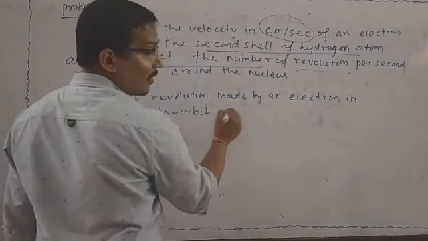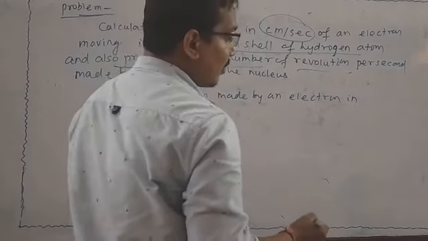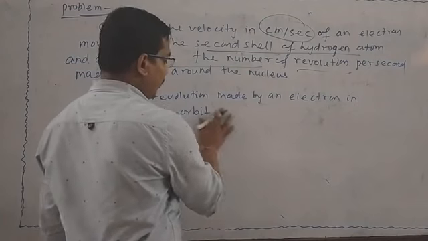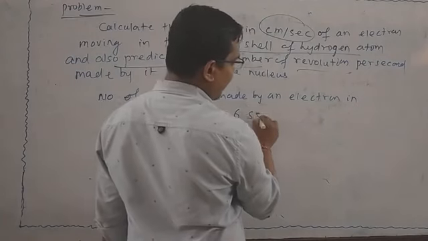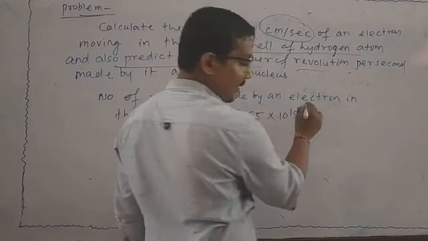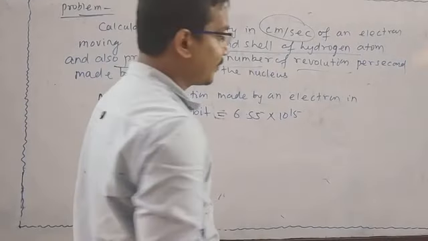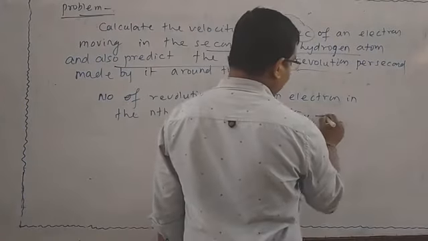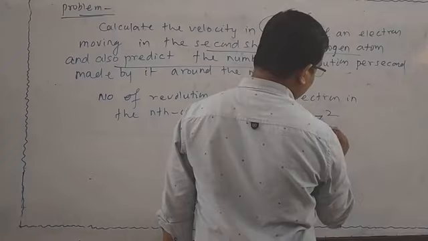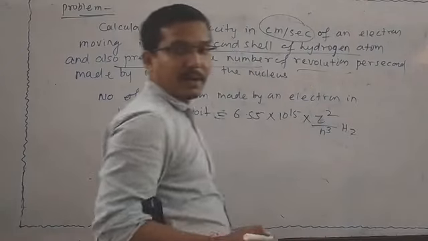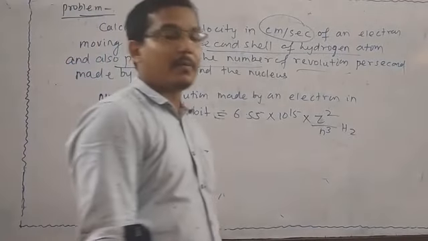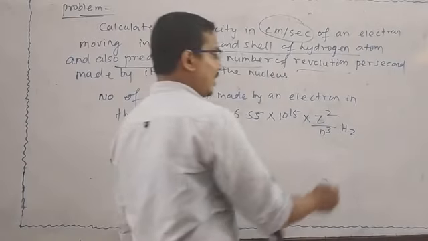Tell me what is the formula? That is your 6.55 into 10 to the 15 Z square by n cube. Yes or no? This is the formula for the calculation of number of revolutions by an electron in the nth orbit.